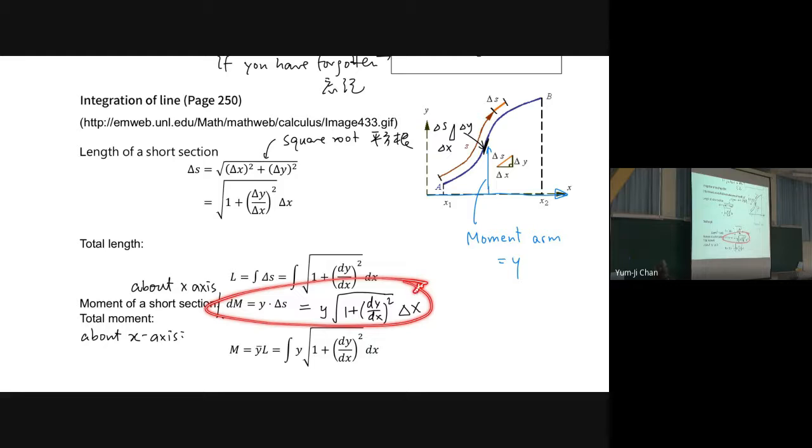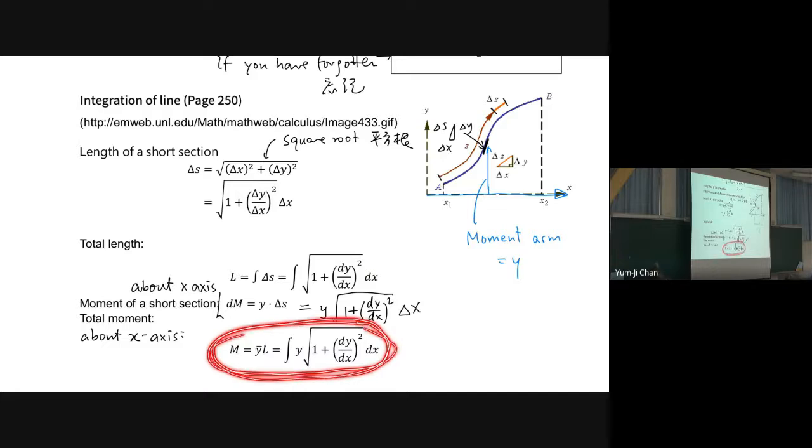Now, if we want to know the moment of the whole line about the x-axis, we work it out like this, by integration. Of course, if we know the length of the whole line, then we can use the centroid to determine the moment.